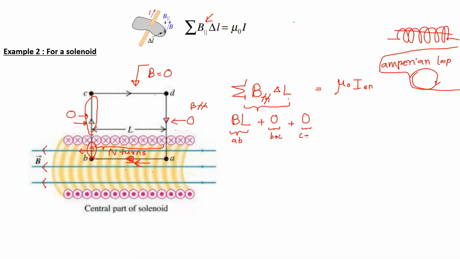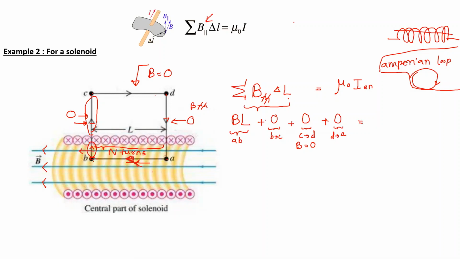Why? There's no B field outside the solenoid. And then to complete the loop, I have to go this way also, D to A. So we only got a component from this A to B part, right? So we got exactly what we needed, a term with B.